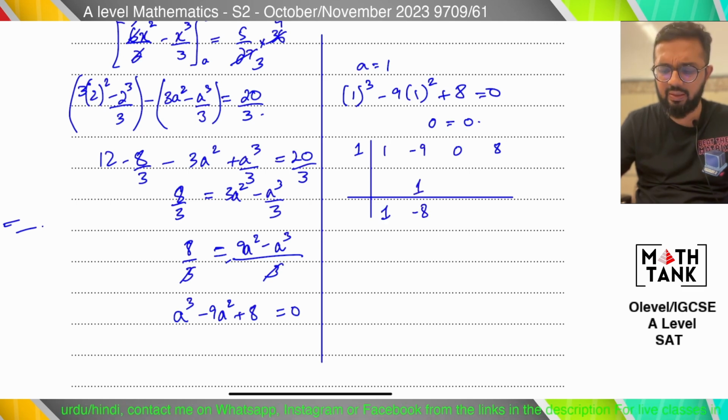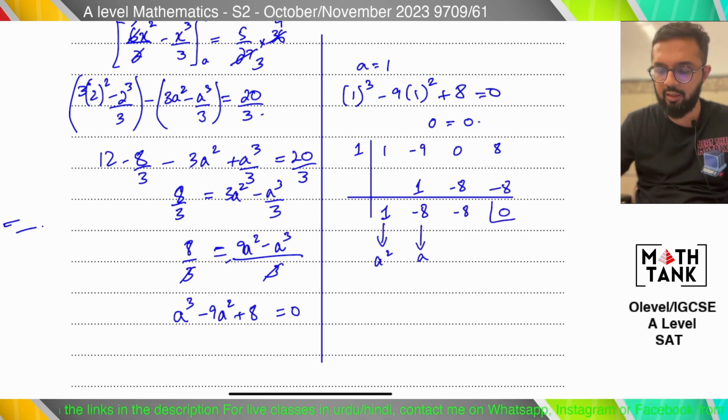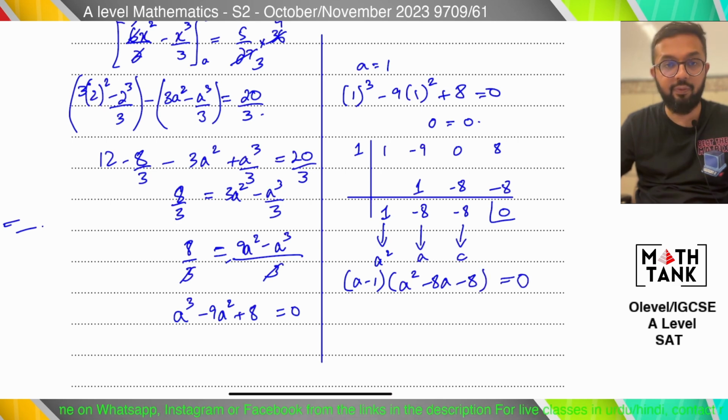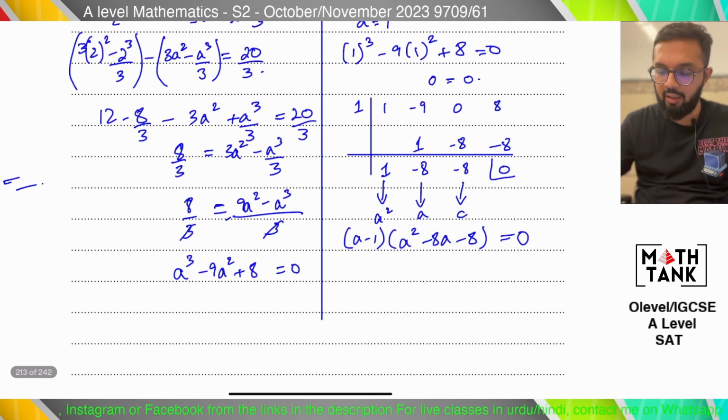If you don't know this, it's best to learn it. Even if you don't want to, then that's absolutely fine. This gives me a squared, a, and constant. So I have a minus 1 as one factor, and then a squared minus 8a minus 8 as the other factor. Then I have either a minus 1 equals 0 or a squared minus 8a minus 8 equals 0.